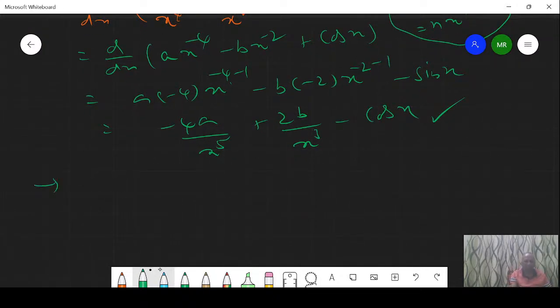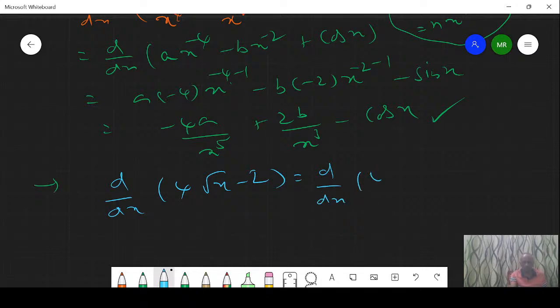The next problem: d by dx of 4 root x minus 2. I can write d by dx of 4 into x power 1 by 2 minus 2.